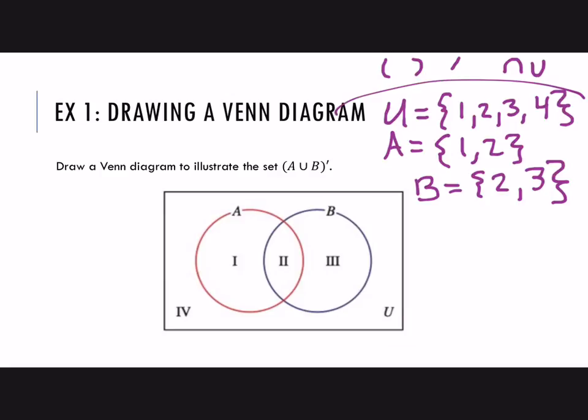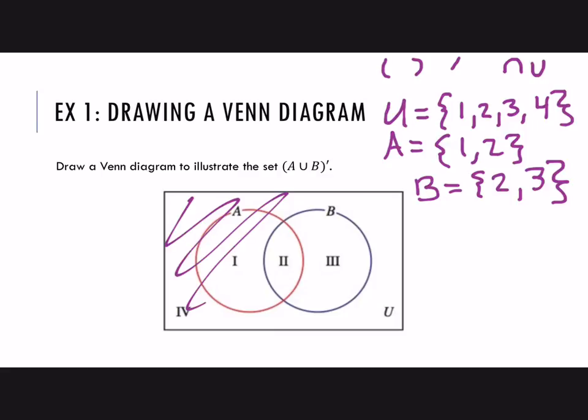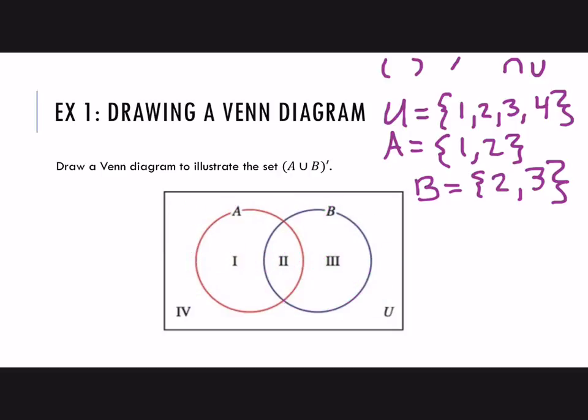But you can see from this list, the universe is all four regions, whereas region 4 is just the outside one. All right, if the problem said shade the universal set, then I would shade all of this.